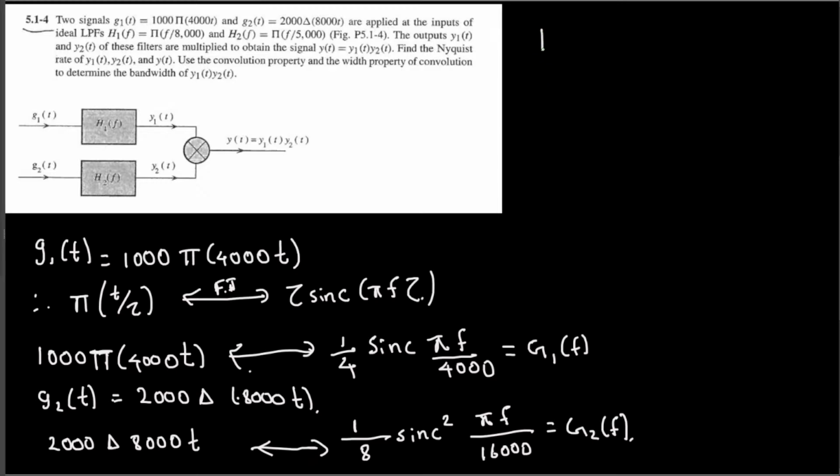The low pass filter H1(f) is given by brick(f/8000). Now if you want to see an illustration, after the conversion we are going to have a graph like this.